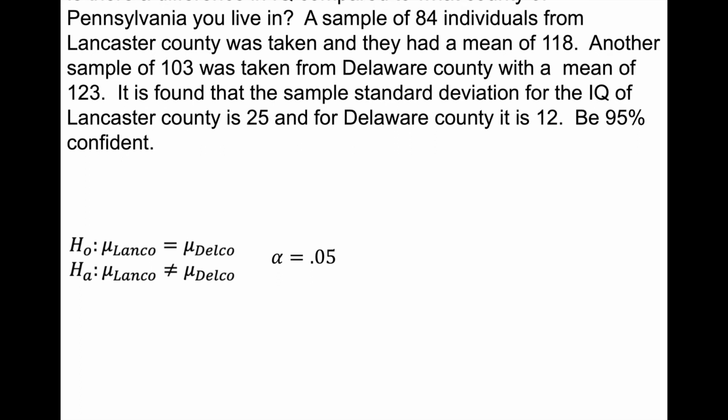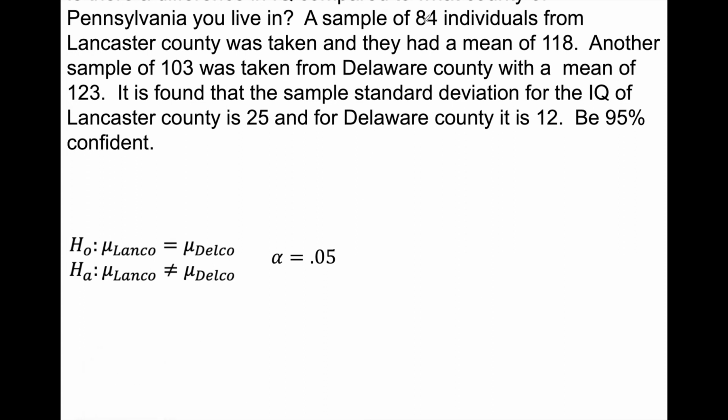Now before I show you how to plug this in, it's very important you take the information and organize it. We have two samples here, Delaware County and Lancaster County. It's very important that we label and stay organized about what information goes with which sample. So I'll go to the pen here.